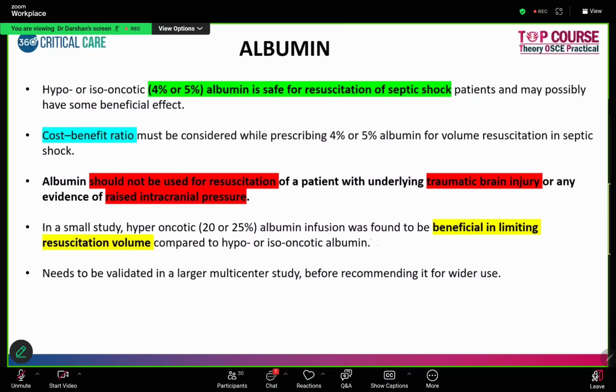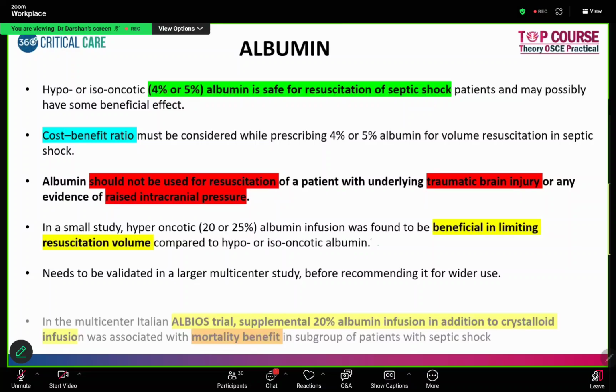That is one of the reasons it is a hypooncotic fluid, and there will be risk of worsening the traumatic brain injury whenever we give this concentration of albumin to patients with TBI. So in any other patient, probably it is better to start with 20% albumin so that we maintain the intravascular volume, colloid oncotic pressure, and also maintain effective organ perfusion.